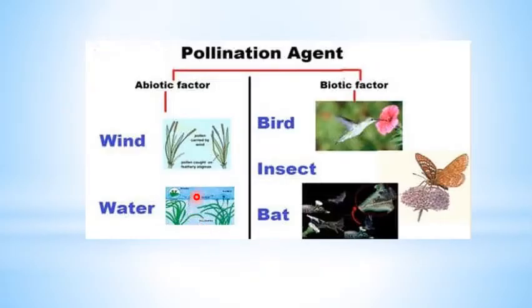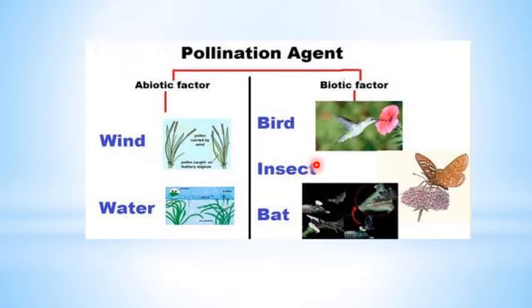In this flow chart, you can see the abiotic factors, wind and water, and how with the help of the wind the pollen grains from one plant fall on the stigma of another plant, and through the water how they are transferred from the anther of one flower to the stigma of another flower.